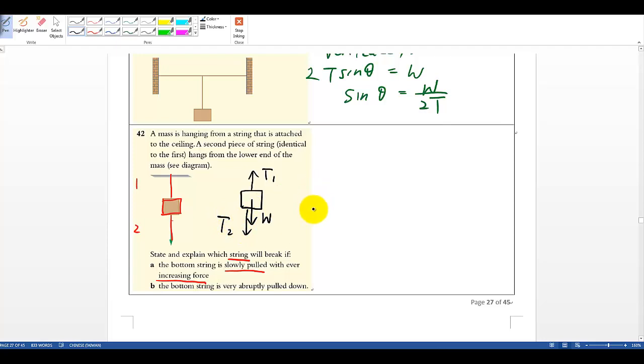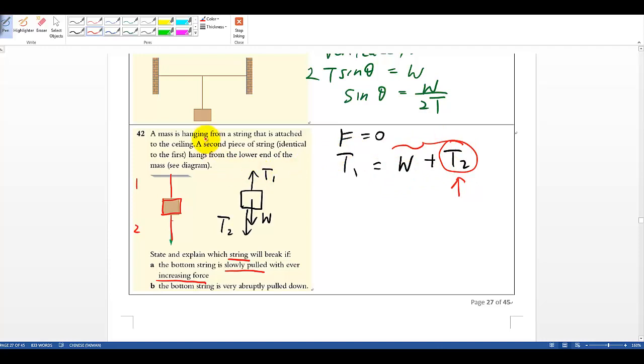Think about this. Before it breaks, T1 should equal W plus T2, because the upward force equals the downward force if the net force equals 0, right? Before anything happens. And if you keep increasing T2, then the total sum of these will be greater and greater.